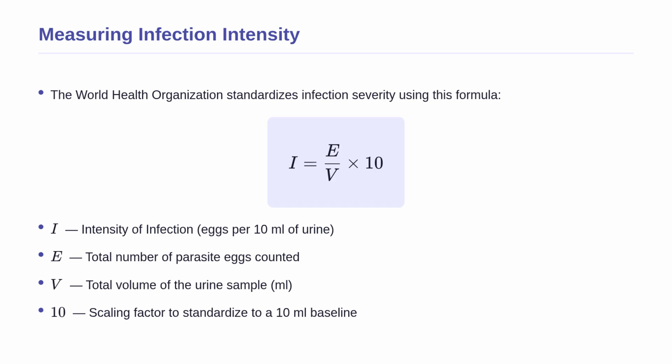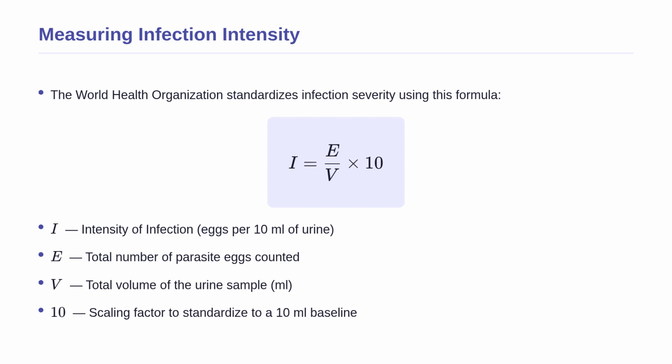Now that we understand the life cycle, how do doctors measure how sick a patient is? Simply knowing a patient is infected is not enough. We need to measure the intensity of infection. This formula standardizes the severity of the disease. I represents the intensity, measured in eggs per 10 milliliters of urine.